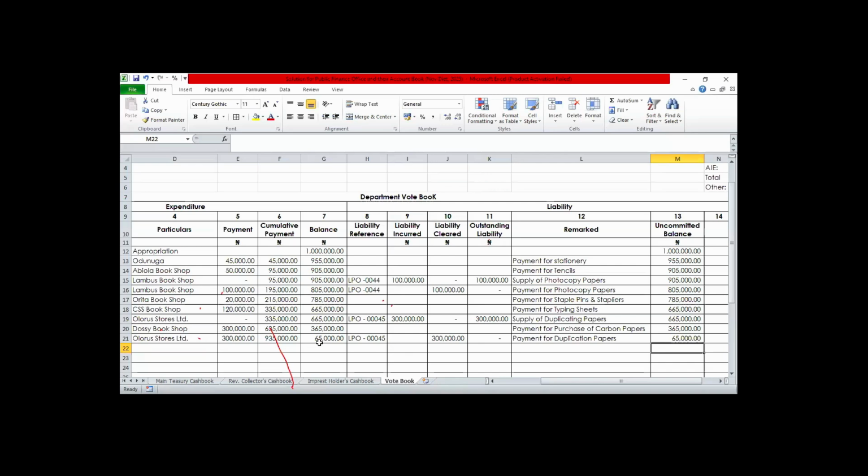The principle behind the distribution of public revenue among the states and those oil-producing states. How do we do the allocation? Who are the agencies that collect money on behalf of government? How do they collect the money? What are their own benefits in carrying out those transactions? Everything is going to be looked into one after the other in our next class.